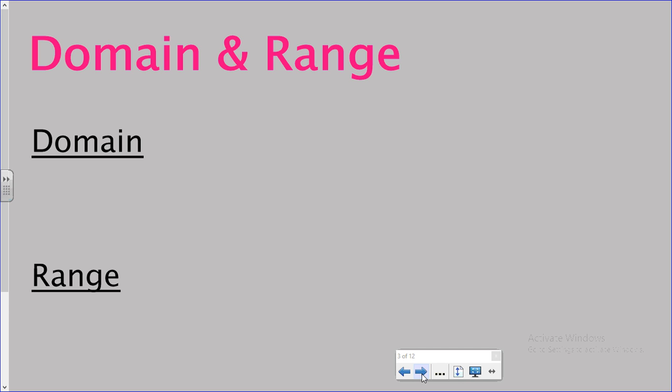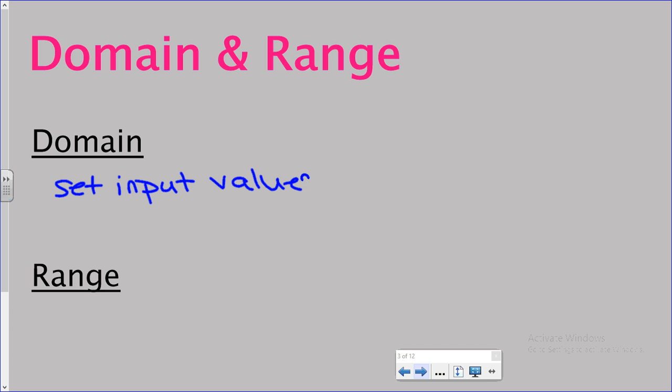Domain: the set of input values, the x values. The input values.